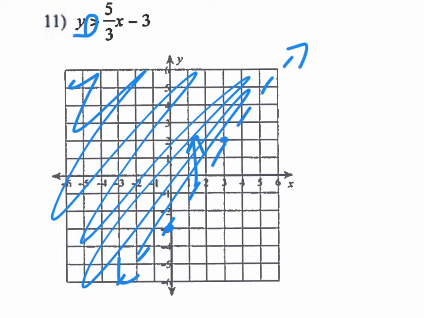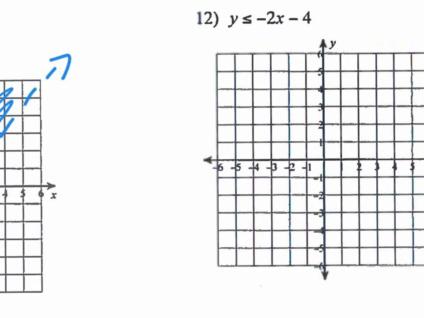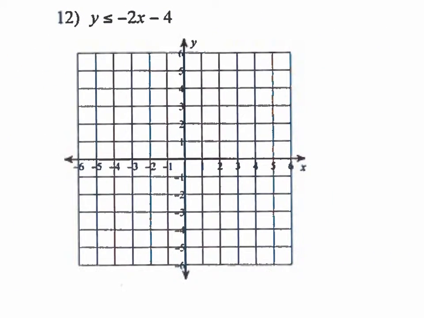And there we go. And then number 12, same deal. Now the y-intercept is at -4. The slope is -2, so I'm going to go down 2 and then to the right 1 and land on this point right there. Or I could go, oops, sorry, not that point.